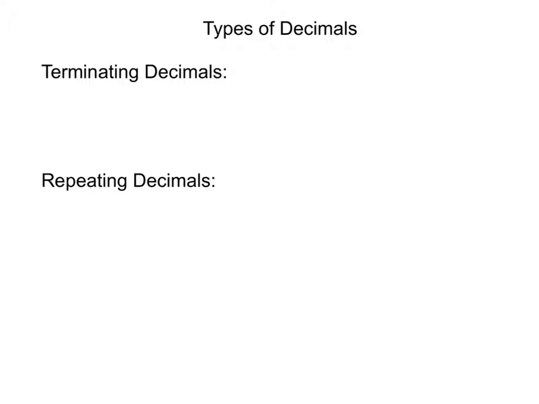I'd like you to grab your calculator, if you would, for this next idea. There are 2 different types of decimals that you do need to be aware of, and the first type is known as terminating decimals. If you were given the fraction 2/5 and you wanted to use your calculator to figure out what that was as a decimal, you would go 2 divided by 5, and it would give you an answer of 0.4.